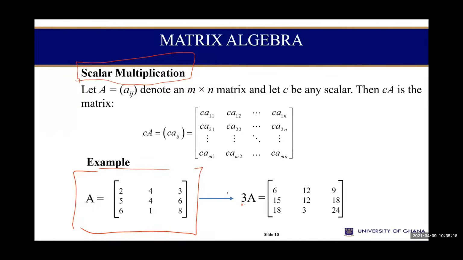So you see 3 times 2 is 6, 3 times 4 is 12, 3 times 3 is 9, 3 times 5 is 15, 3 times 4 is 12, 3 times 6 is 18, and 3 times 1 is 3, 3 times 8 is 24. This is scalar multiplication in simple terms. Just take the scalar and multiply it by all the elements that you have in that matrix.